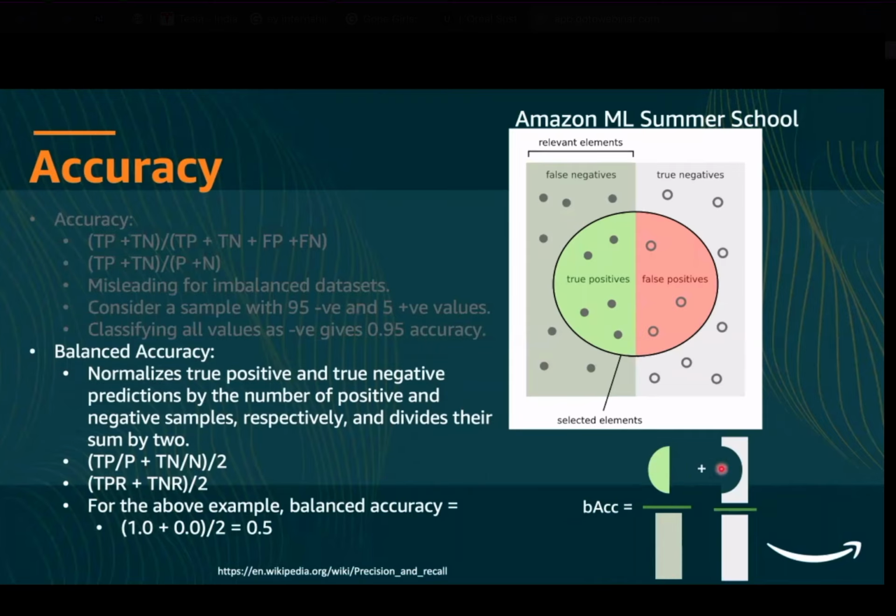You take the true negative samples and divide them by the total number of negative samples, and you take the average of the two. So for the above example of 95 negative and 5 positive samples, for the positive class you get a true positive rate of 1. For the other class, you are not predicting anything, so you get a true negative rate of 0. You take the average and you get a value of 0.5. This is a better measure than accuracy.